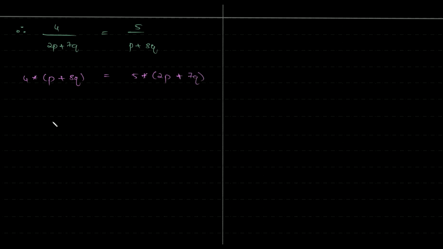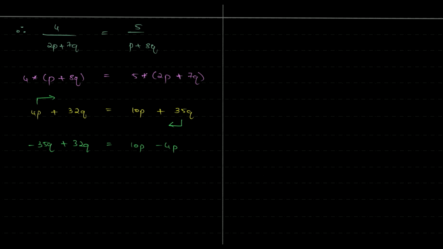And this turns out to be 4p plus 32q is equal to 10p plus 35q. A bit of rearranging and everything. I think I'll transpose this over there and this over there. Minus 35q plus 32q is equal to 10p minus 4p, right?